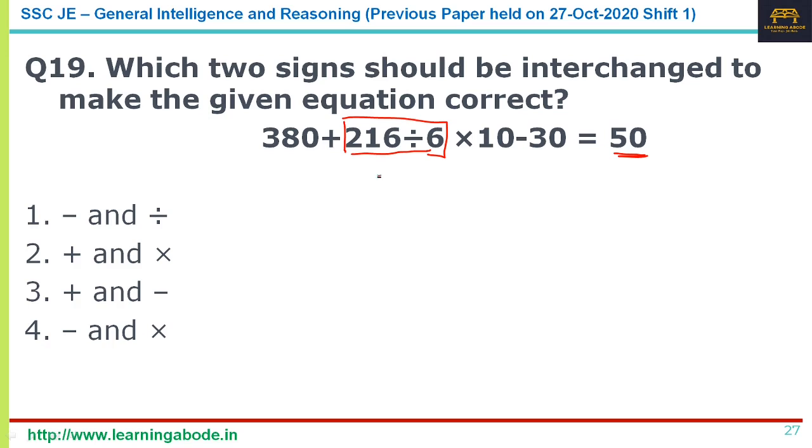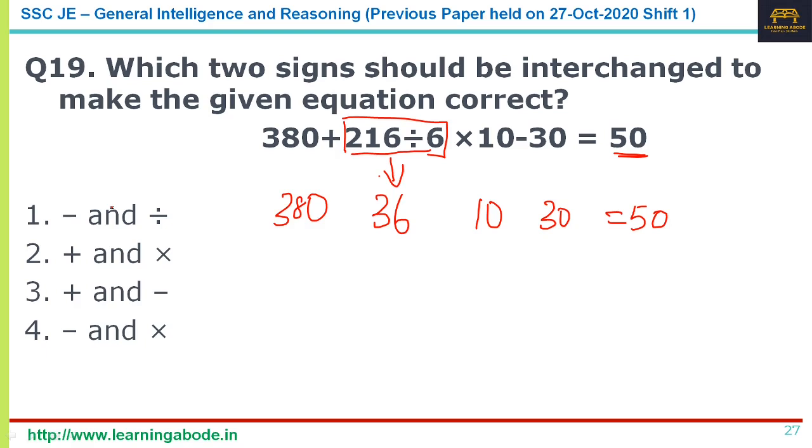So this part, the result is 36. Then you have 380, an operator here, and then 10 and 30, and the final outcome is 50. We have decided we are not going to do anything with the division symbol, which means that option is ruled out.